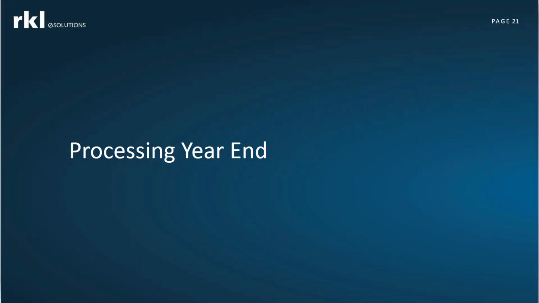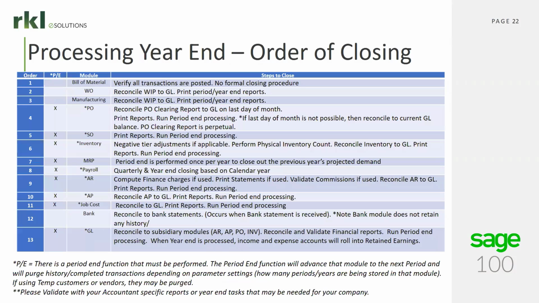Processing year end. The order of closing for the modules is listed here. You may not have all of these modules, so you can skip those that you don't. Some of these modules require very little, such as simply posting transactions.